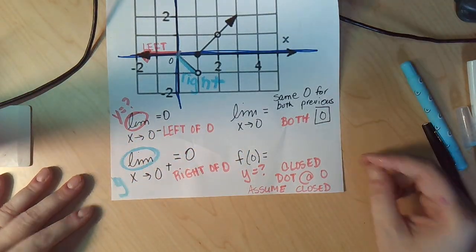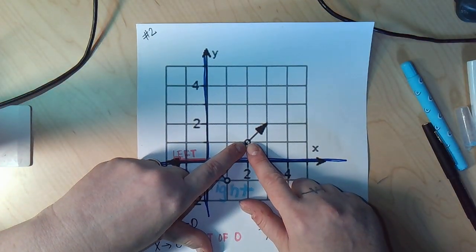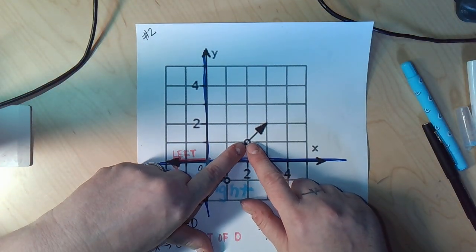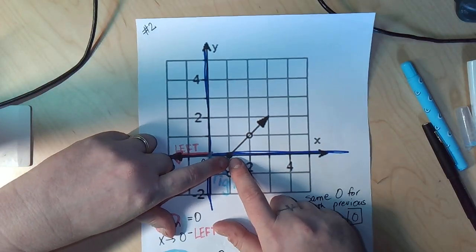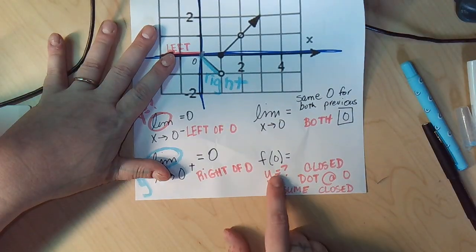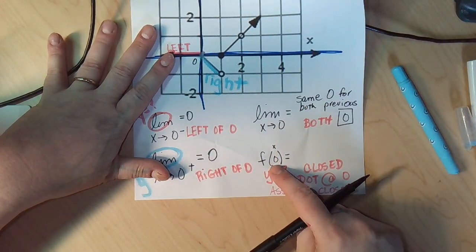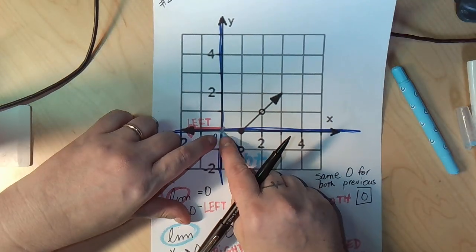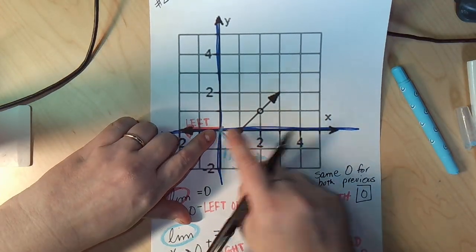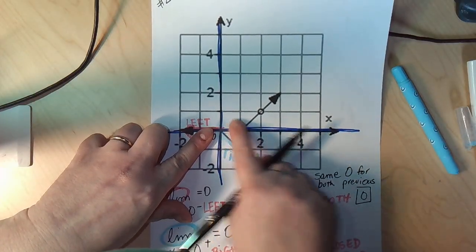Okay, so what that means is this right here, that's an open dot because you can see it with your face. This right here, that's a closed dot because you can see it with your face. When x is 0, because remember this number in the parentheses is the x, when x is 0, we're right here. I cannot see a closed dot. I can't see an open dot. I don't see anything.